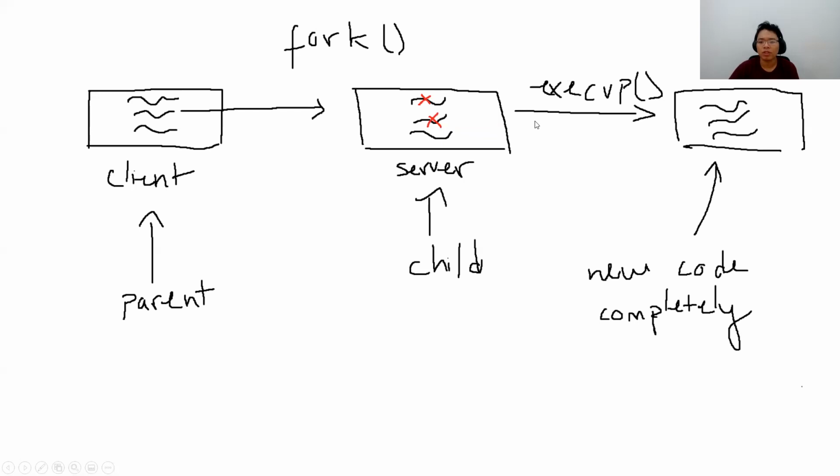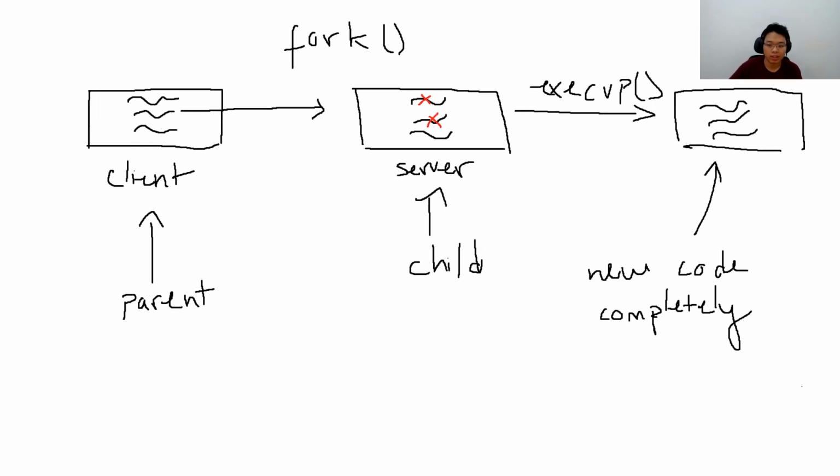The magic happens when you do execvp. What execvp does is it replaces whatever is in the process that you executed in with the code of the new binary that you target.